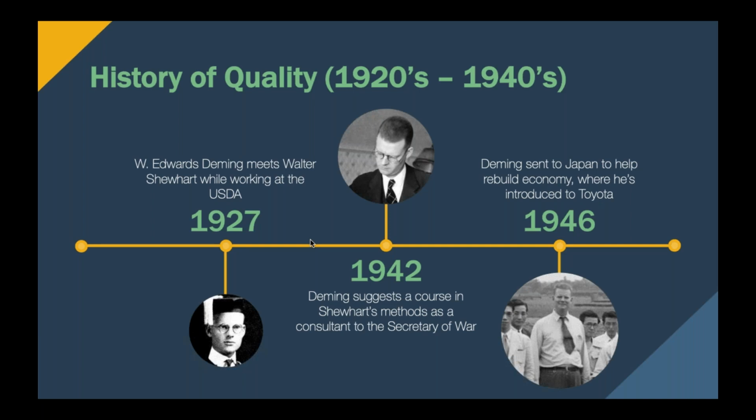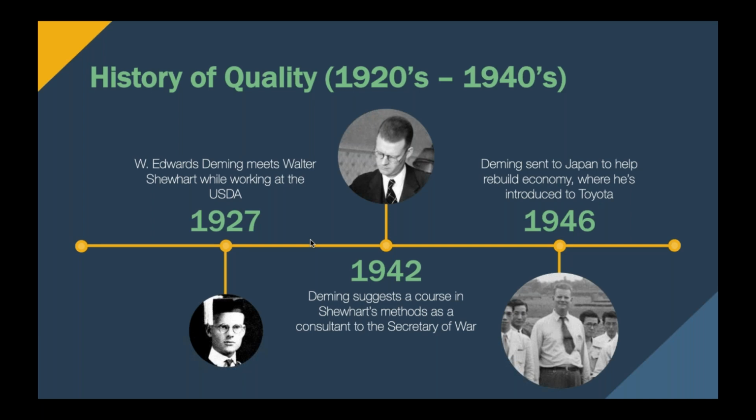In 1927, a man named W. Edwards Deming met Walter Shewhart while working at the USDA. And in 1942, Deming suggested a course in Shewhart's method to the Secretary of War.